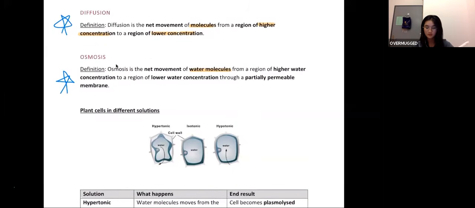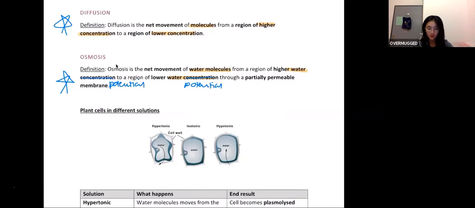Only water molecules from a region of higher water potential to a region of lower water potential. Don't use the term water concentration. Sorry, I don't know why it was written like that. Say higher water potential to lower water potential.